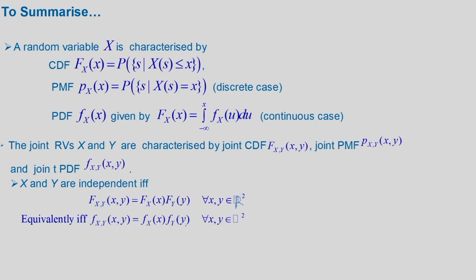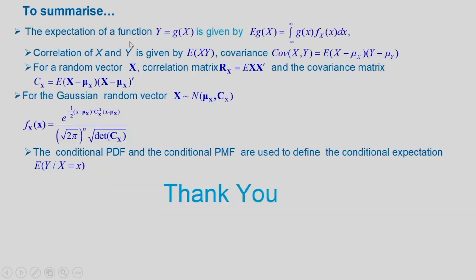Joint PDF is the product of the marginal PDFs for all x, y belonging to R2. So, this is the definition of independent random variables. X and y will be independent if joint CDF is the product of marginal CDFs, or equivalently joint PDF is the product of marginal PDFs.